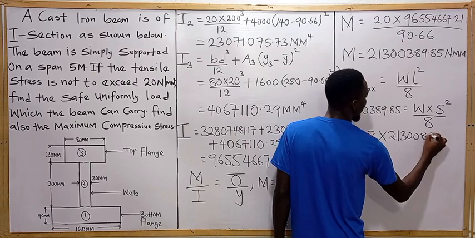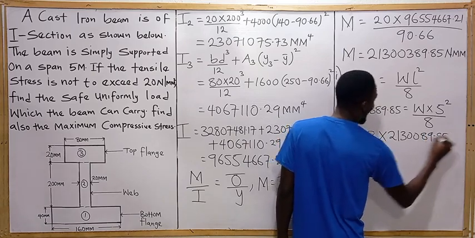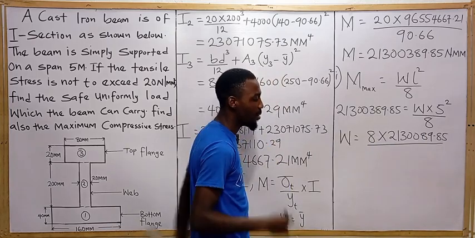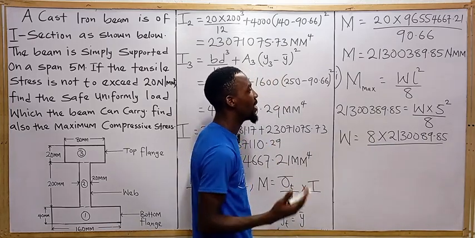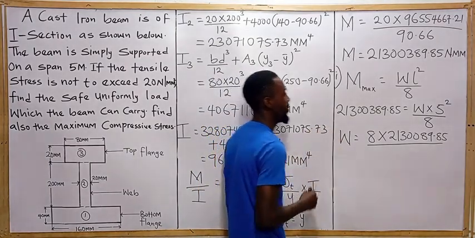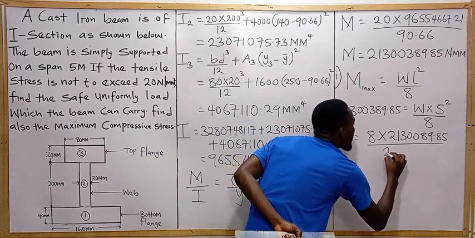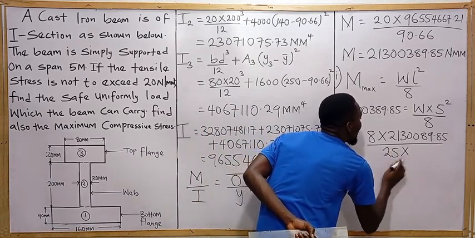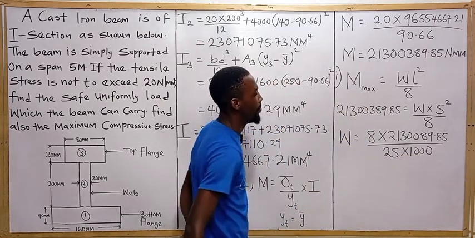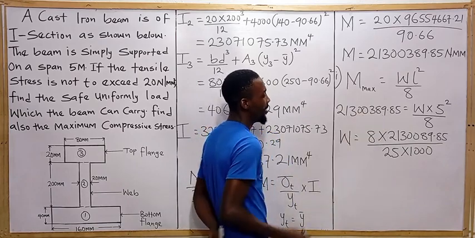389.85 divided by 25, but it is in meters, right? So we are going to multiply by 1000 in order to take it to mm, because everything that we have here is in mm.